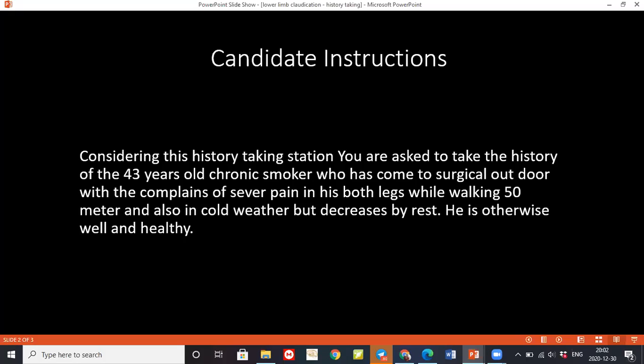For confirmation, I would do a physical examination, neurological examination, and cardiovascular examination. Then investigations: duplex of both lower limb vessels, MR angiogram and CT angiogram. And blood tests: CBC, blood glucose level, and lipid profile.